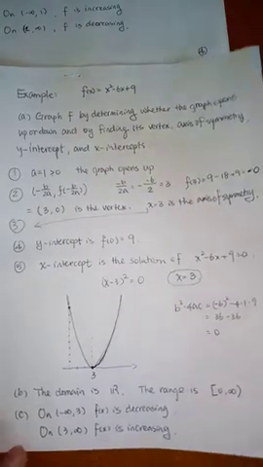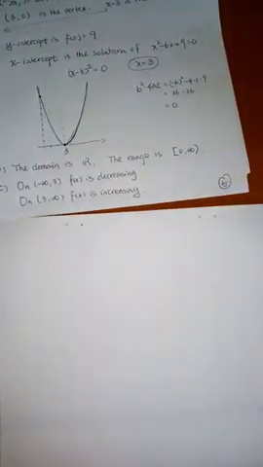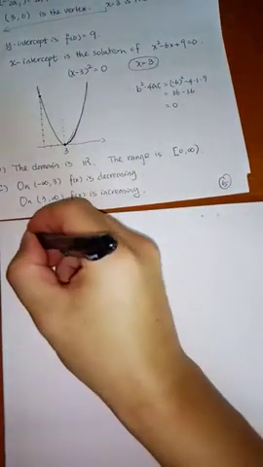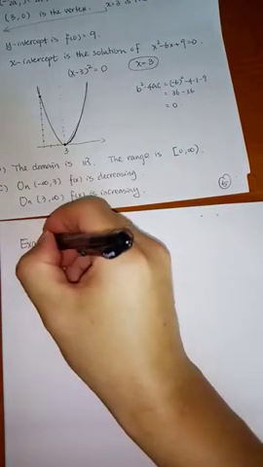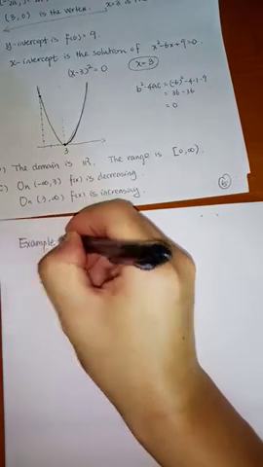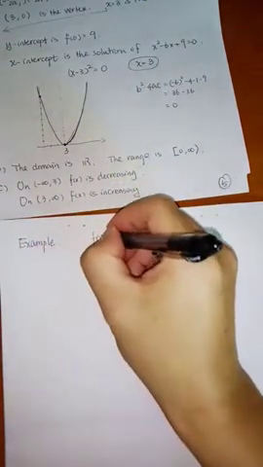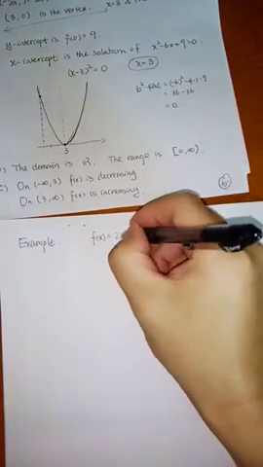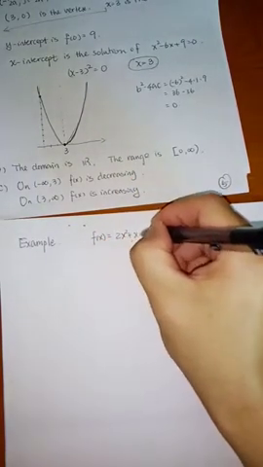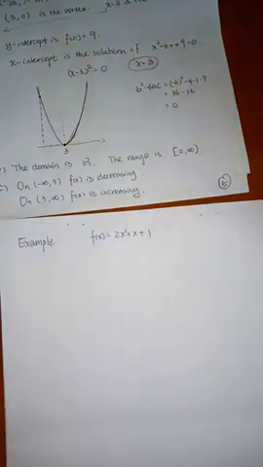In the next example, we will see what happens if the discriminant is negative. 2x squared plus x plus 1.